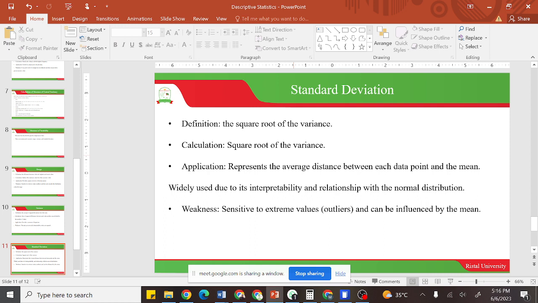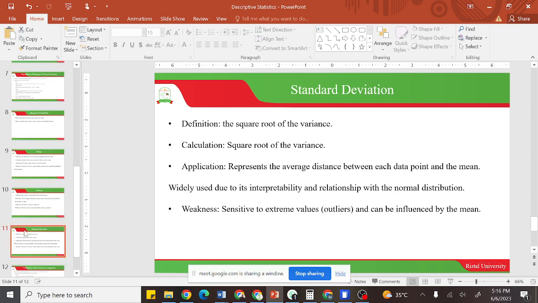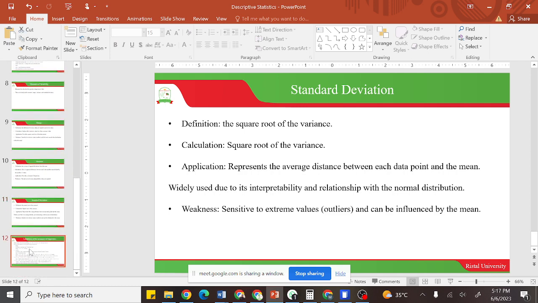Standard deviation basically means the average distance of each data point from the mean. Most of these we shall look at tomorrow when we look at inferential statistics.